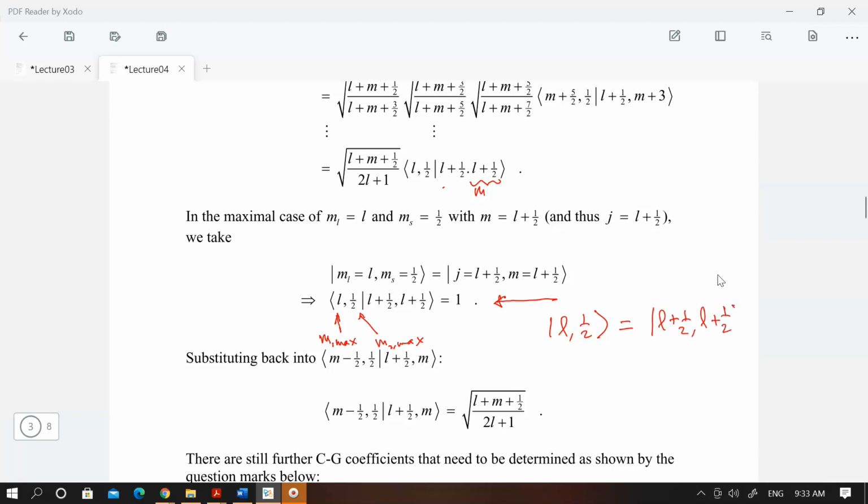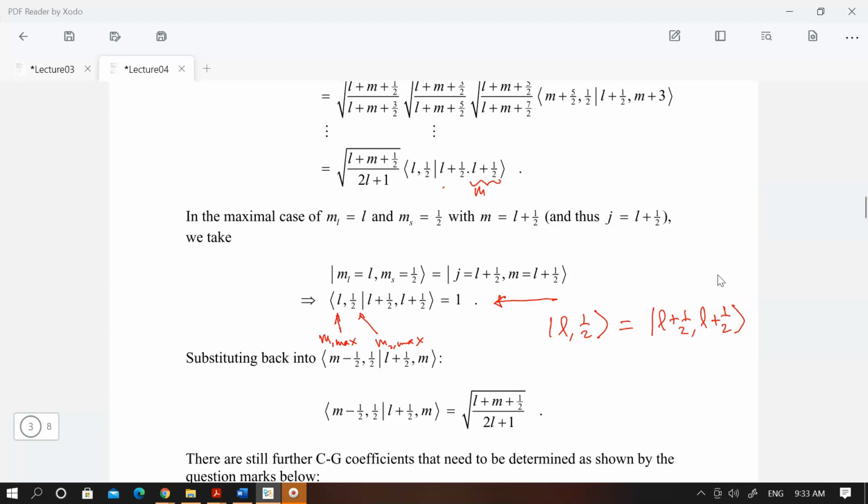Easily I could have put a phase here if I wanted to, but no. The point is to have that simple correspondence for the topmost eigenstate.